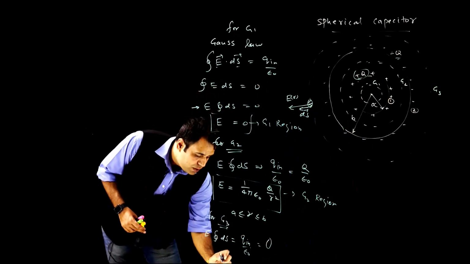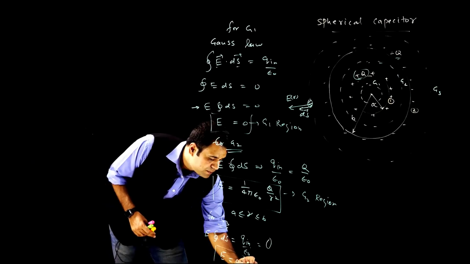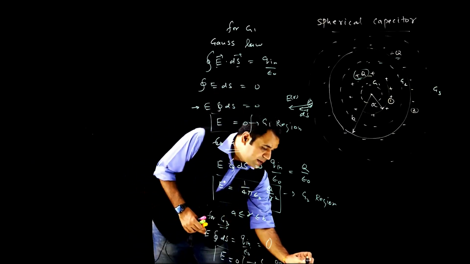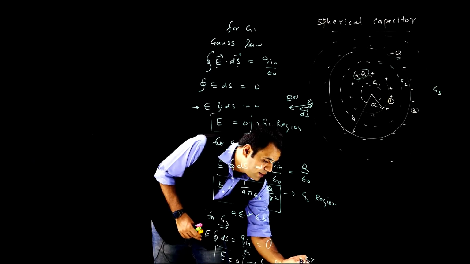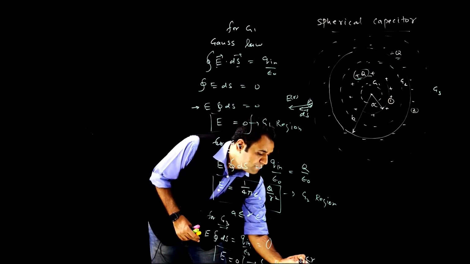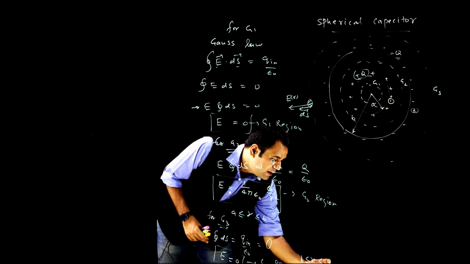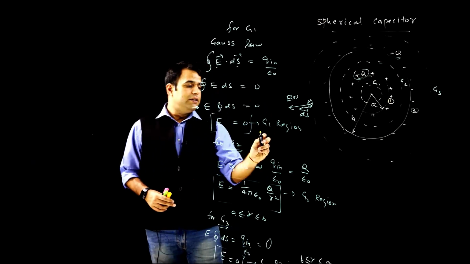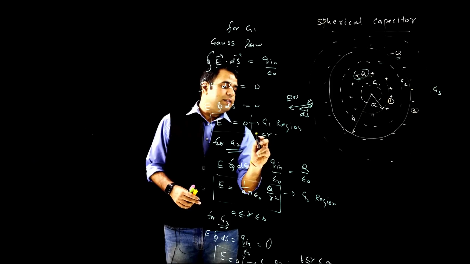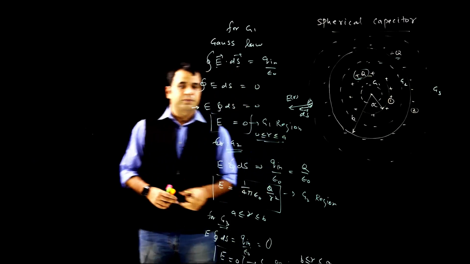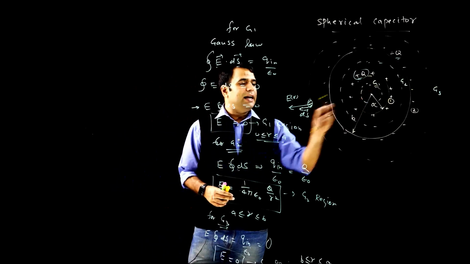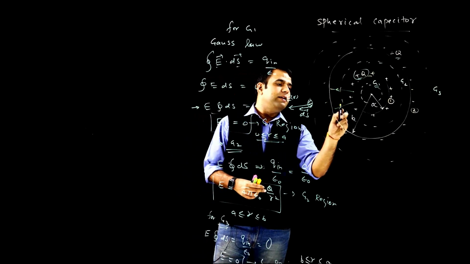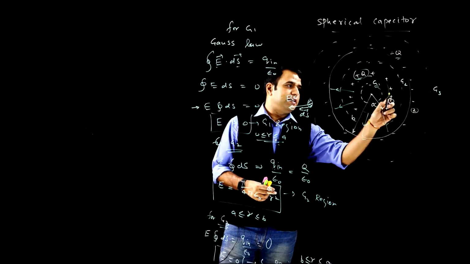That leads to E equals 0 for the G3 region, for r more than B but less than infinity. And E is also 0 for r more than 0 and less than A. So you see, for G1 and G3, the electric field is 0. There is an electric field only in between these two spherical shells.